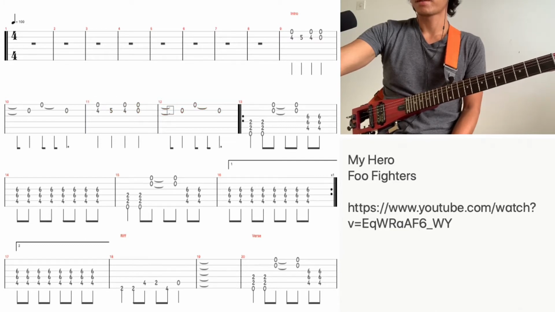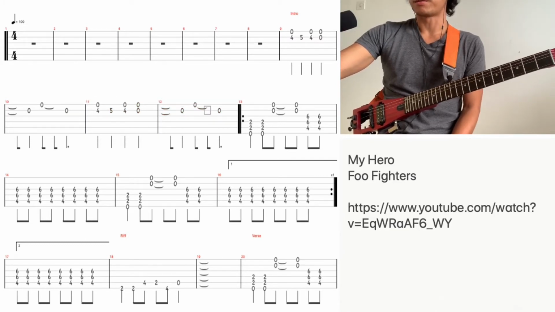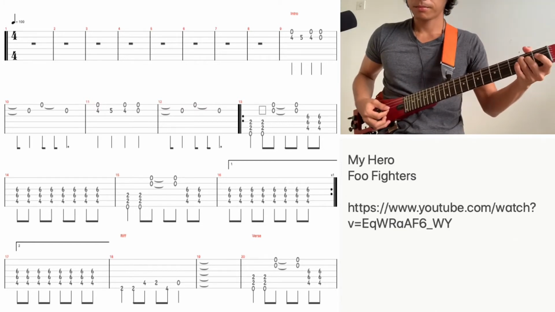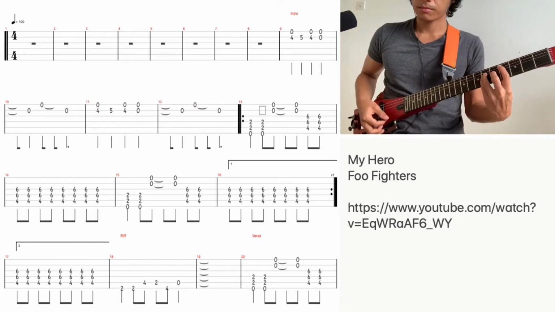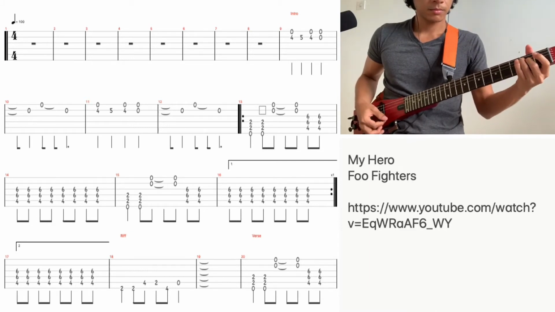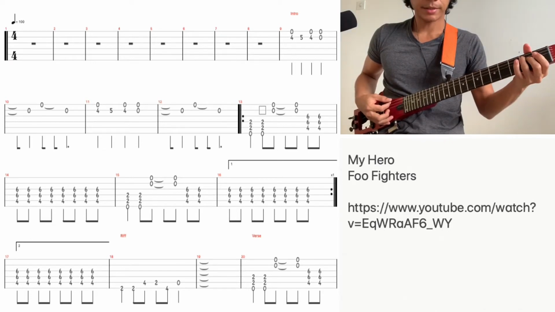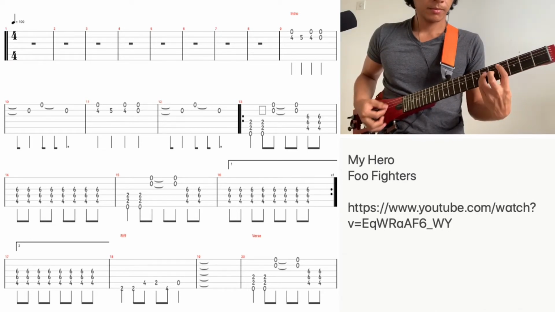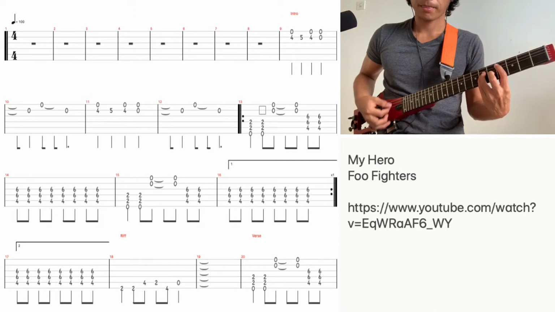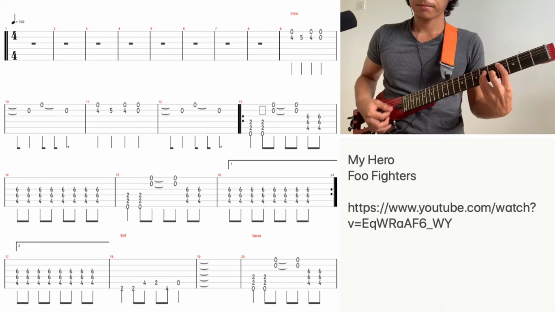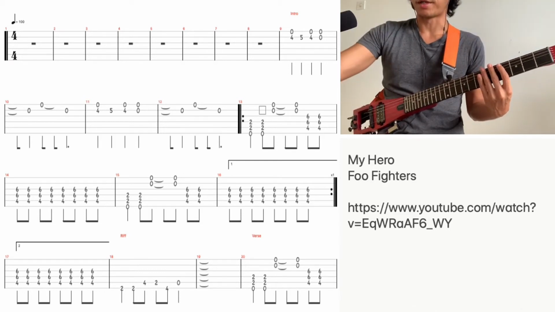Okay. And then the verse using the E minor chord. Right, E minor, C sharp, and then we're going to end with the riff.